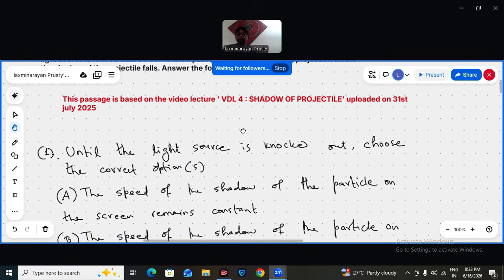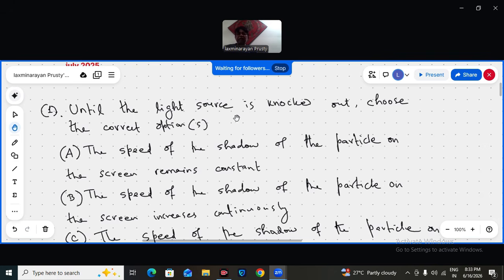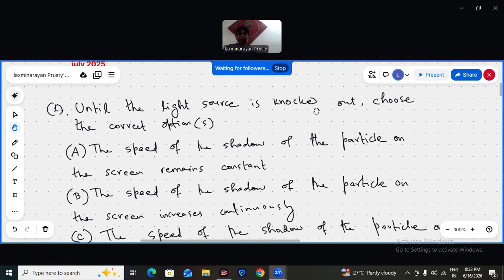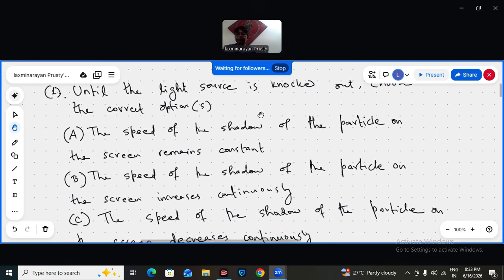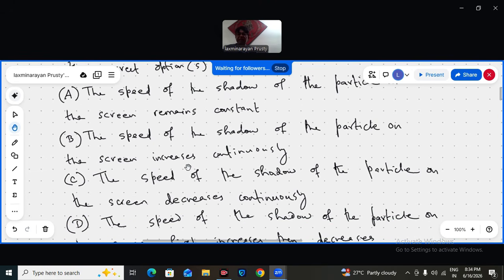Question number 1 of the paragraph: until the light source is knocked out, that is, until the projectile strikes the light source, choose the correct options. A, the speed of the shadow of the particle on the screen remains constant. B, the speed of the shadow of the particle on the screen increases continuously.